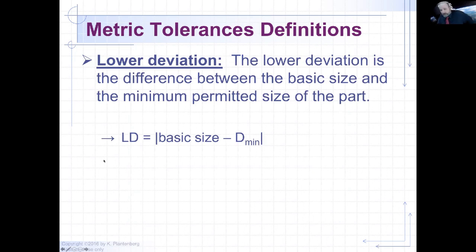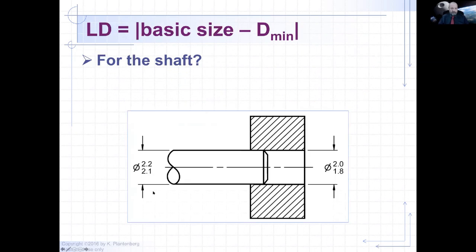Okay, and then there's a lower deviation. The lower deviation is the difference between the basic size and the minimum permitted size of the part. Okay. So let's do an example again for the shaft. So what's the lower deviation? Anyone can put it in the chat box. 0.1.